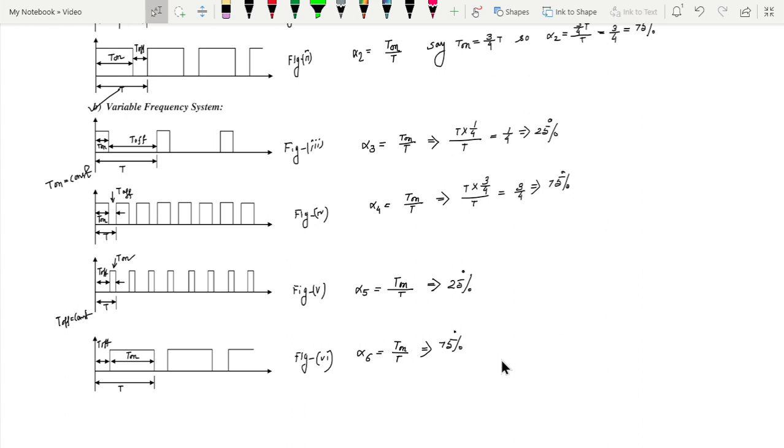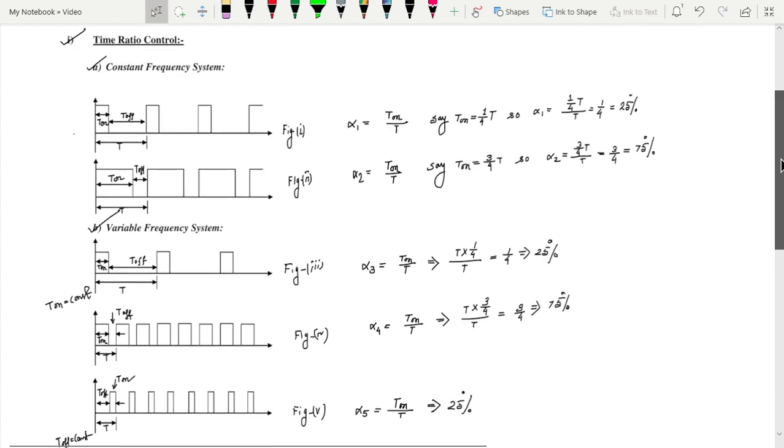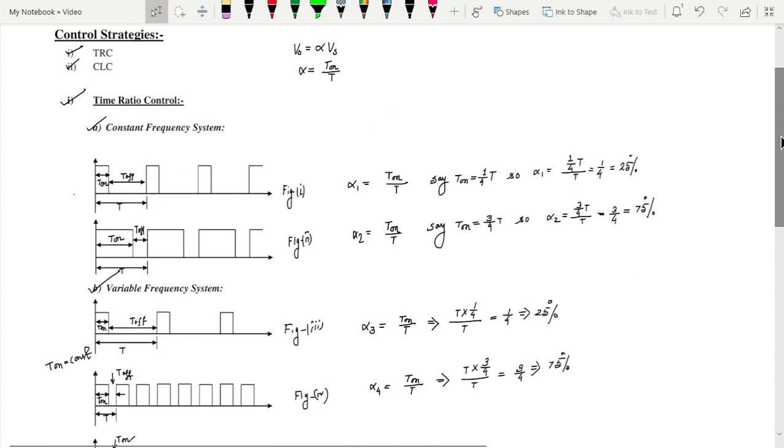Now question is that between these two control strategies, which one is better? So this part is very important. First of all, look at the first one. In case of time ratio control for constant frequency, we are changing the T on, so that's why it is called pulse width modulation.